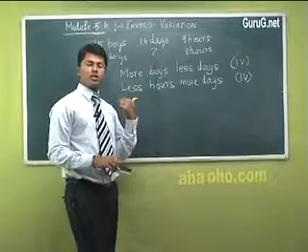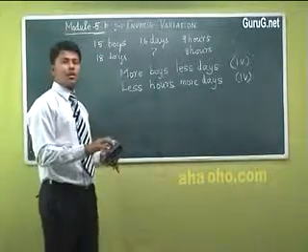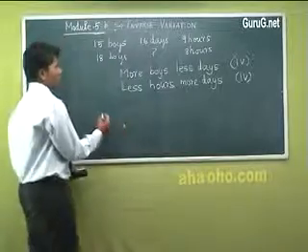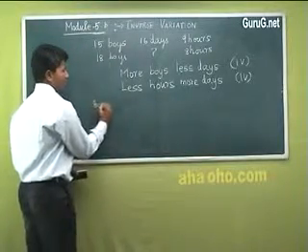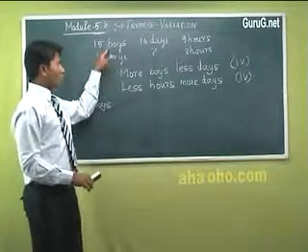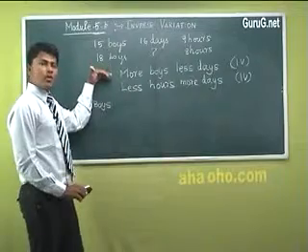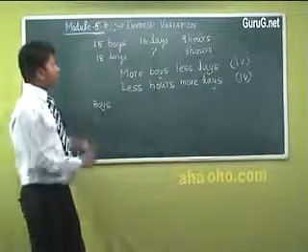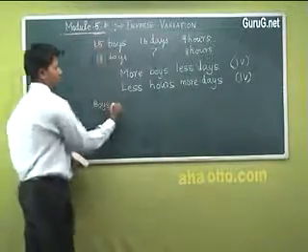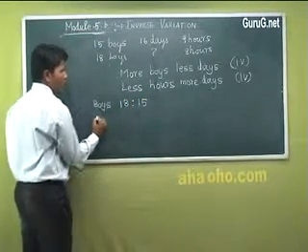So similar to the problem we have seen in direct variation, we need to mathematically model in the same way. So consider boys. As I said, in direct variation we will take the known quantities as it is, 15:18. But in inverse variation, take in the inverse form. So 18:15. Now take hours.